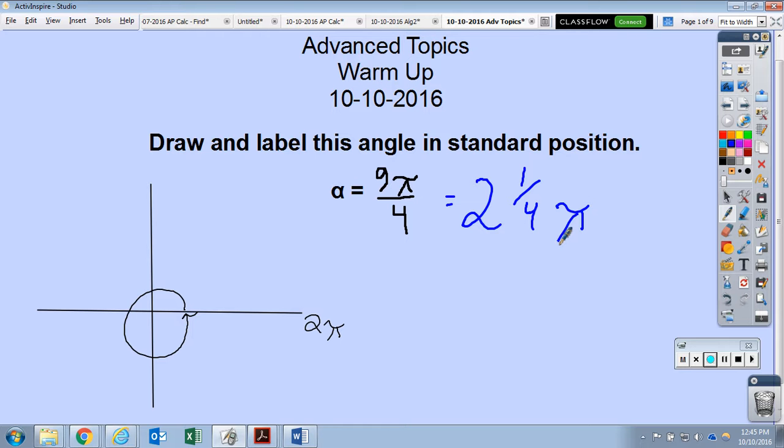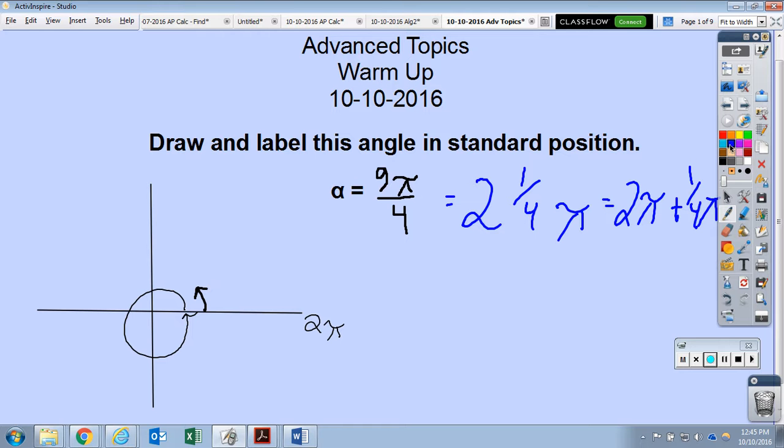Knowing this, you know 1 full rotation is 2 pi. So if you go 1 full rotation, you've gone 2 pi. And then what's left over? How many more pi radians do you have to go? Just 1/4 pi radians. So if you go 1 full rotation and then go a little bit more, pi over 4 radians, you would have the graph that you want.